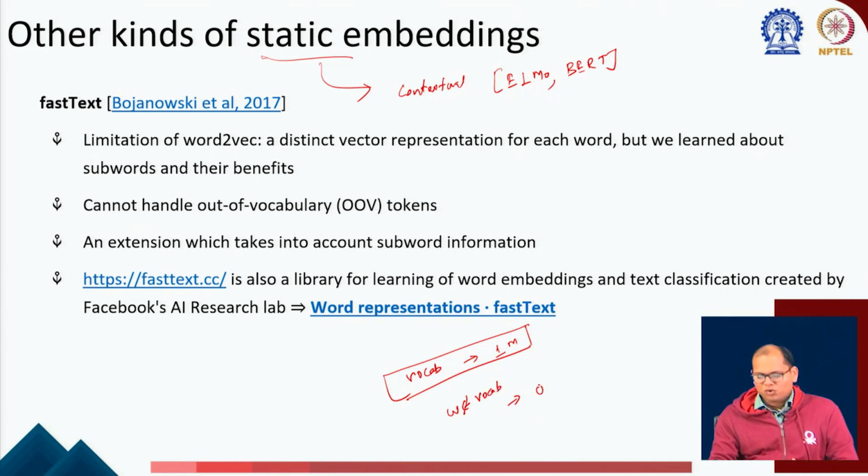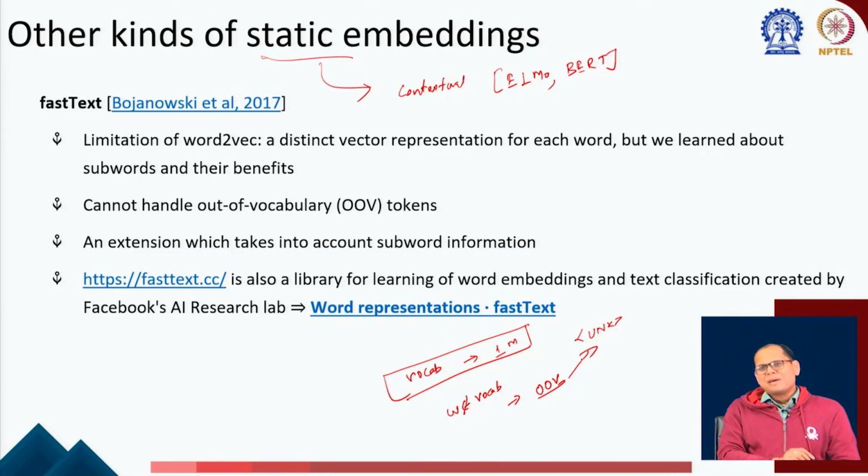So we call them out of vocabulary tokens. So what will I do for that? Typically the way they were handled was, you learn a separate representation for something called an unknown token, and for any out of vocabulary word you give it the unknown token embedding. This can also be some random embedding that is given to any such out of vocabulary word.